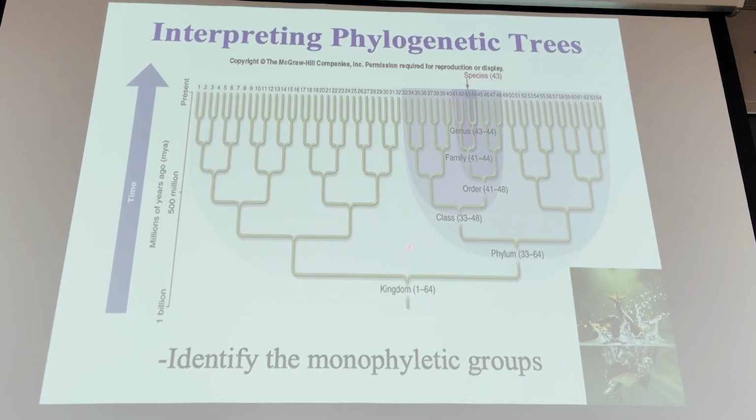If we could do it correctly and put taxonomy on top of phylogeny, you can see the oldest group is the largest taxonomic classification. The most recent groups are the species in the genus. They're closer to the top. They're also the smallest groups, the more specific groups. And as you go down, you can see that they all fall into place.